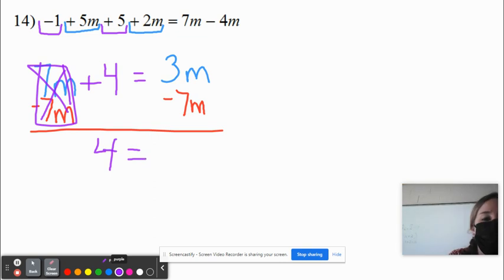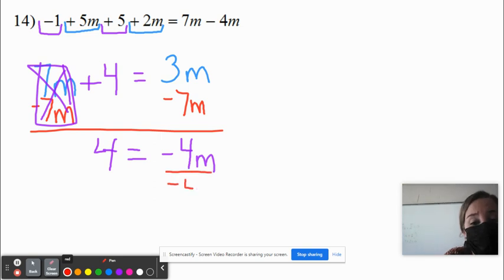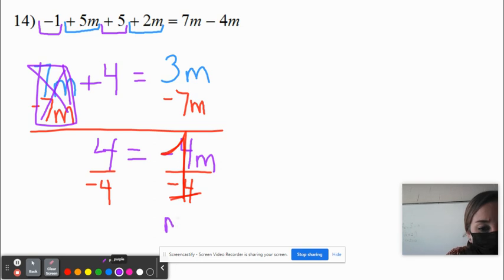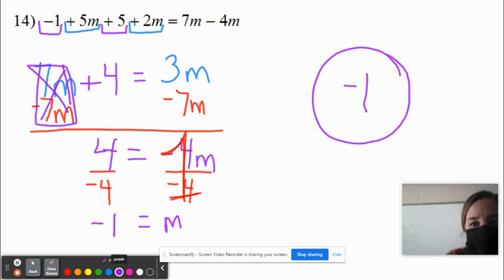You have 3 in your pocket, but you owe me 7. So negative 4 times m, we're going to divide both sides by negative 4. Negative divided by a negative is a positive. 1m comes down. Positive divided by negative is negative. 4 divided by 4 is 1. Final answer, negative 1.